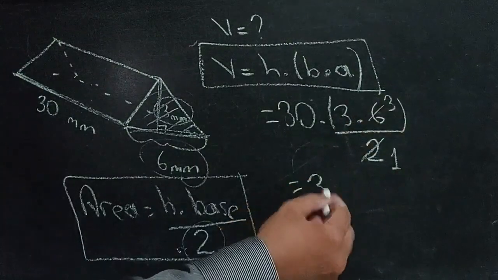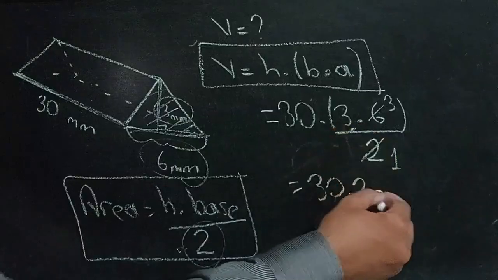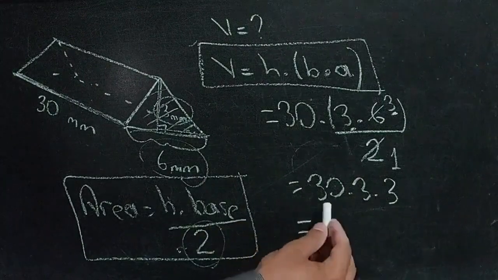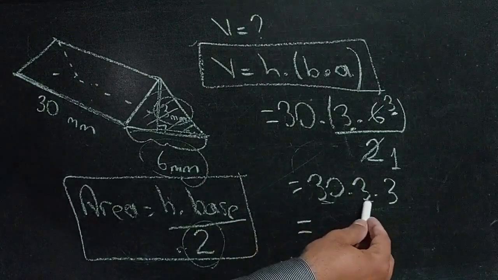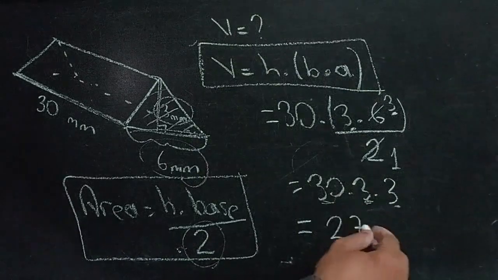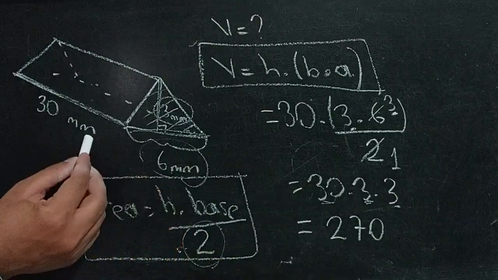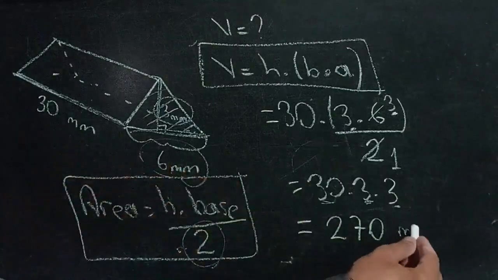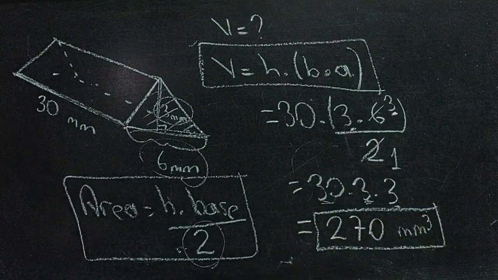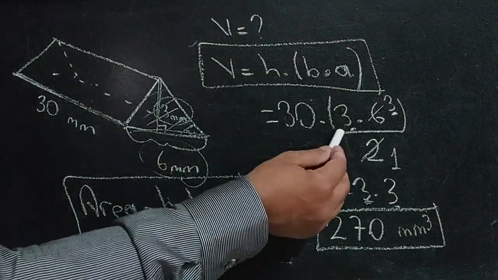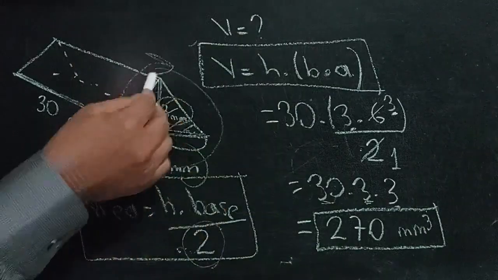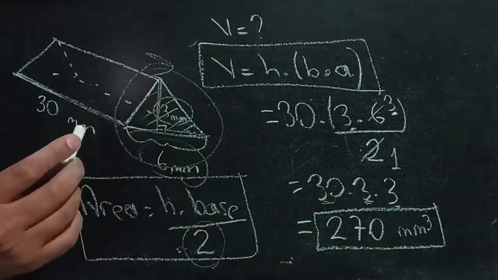So I got 30 times 3 times 3. That will give me 30 times 3, which is 90, times 3, which is 270. My unit is millimeter cube for the volume. Alright, please don't confuse that. You divide them by 2 for the base area because of the triangle. This base is a triangle.